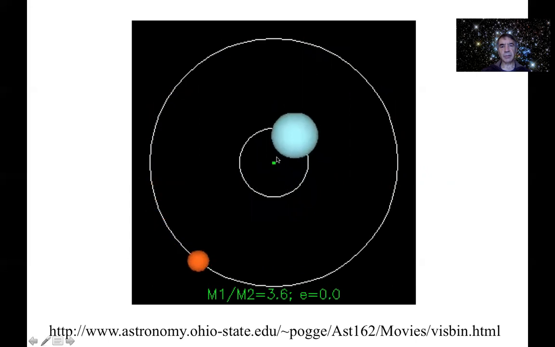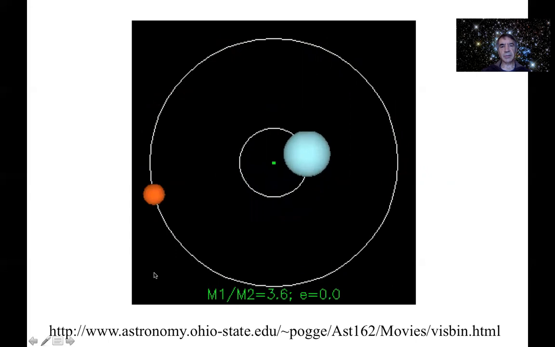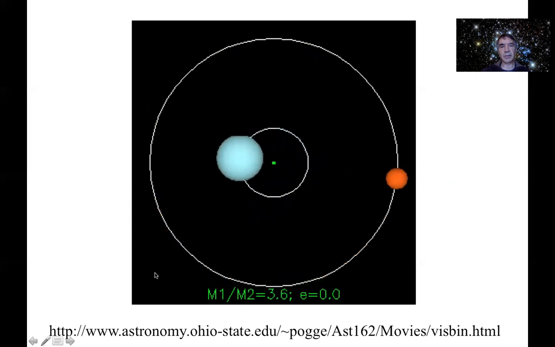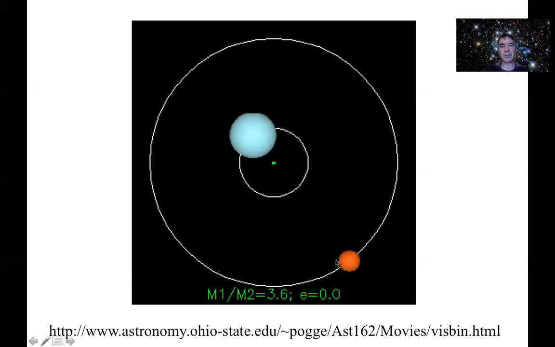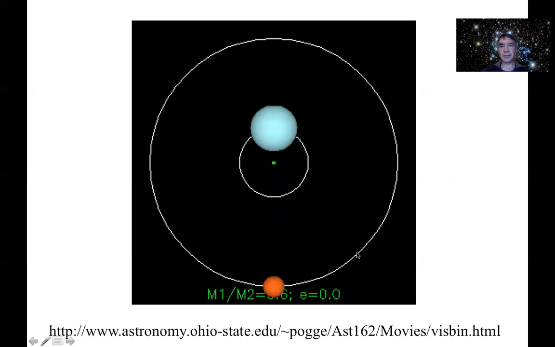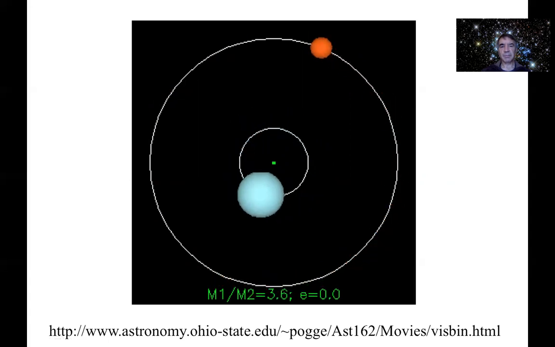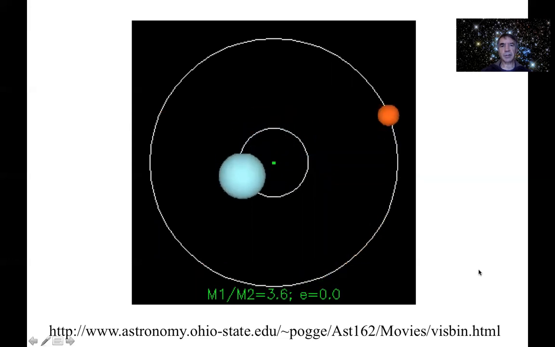But at all times, the center of mass is on a straight line between the stars. And you can see that obviously both stars have the same period, but the lower mass star with the bigger radius orbit also goes around faster. So that's the picture to keep in mind.